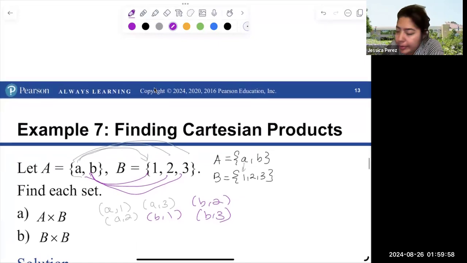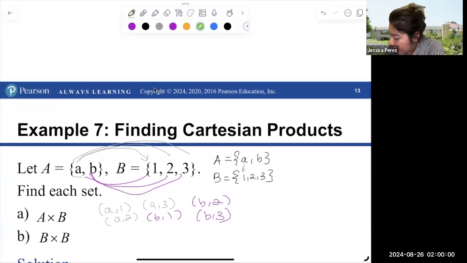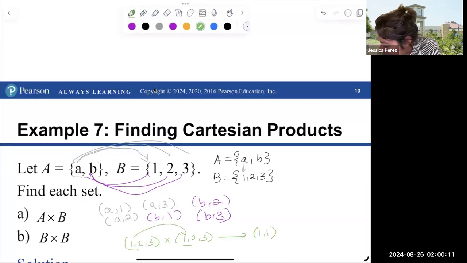What about B and B? We have 1, 2, 3 cross 1, 2, 3. So you should end up with (1, 1), (1, 2), (1, 3). Now you go (2, 1), (2, 2), (2, 3).